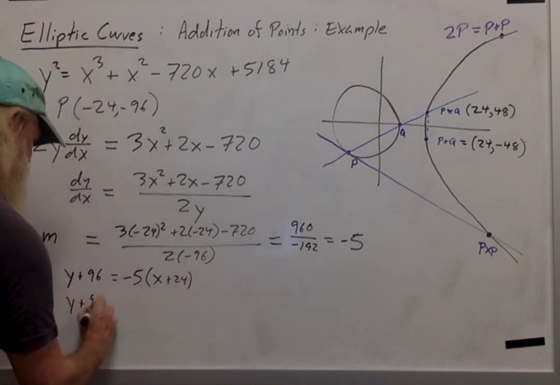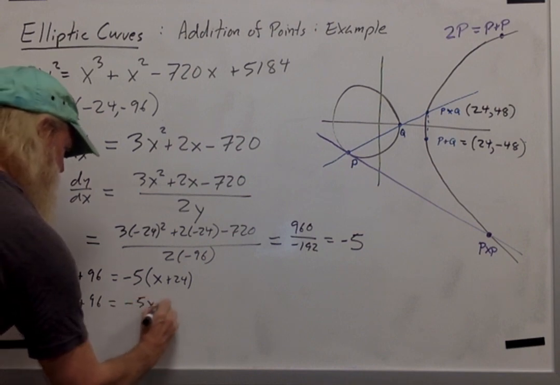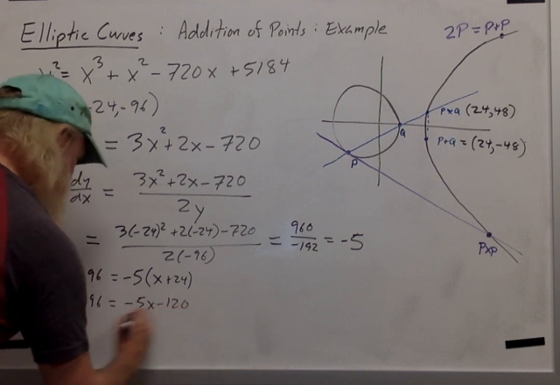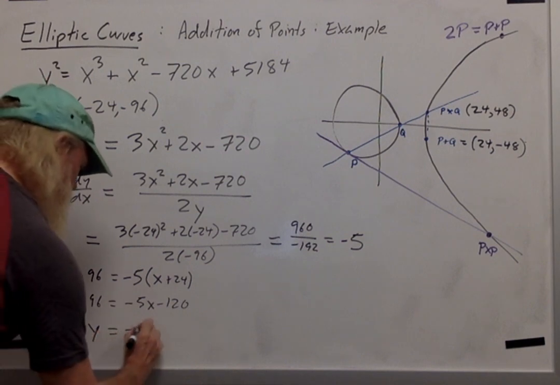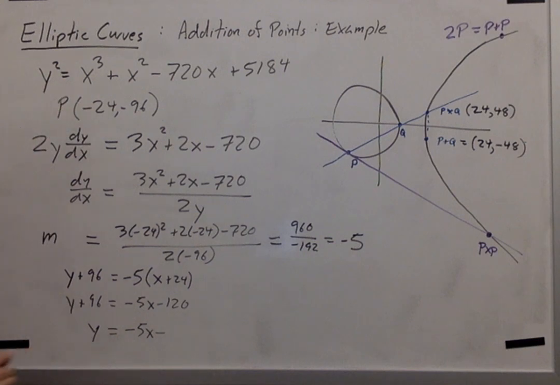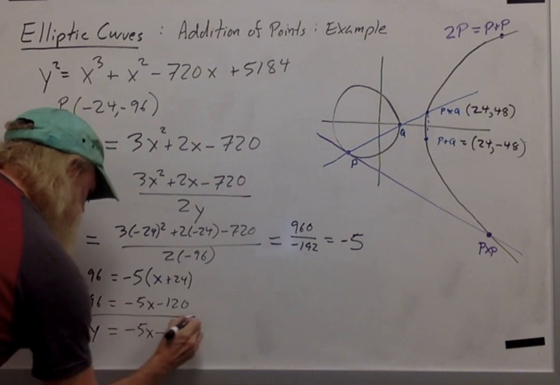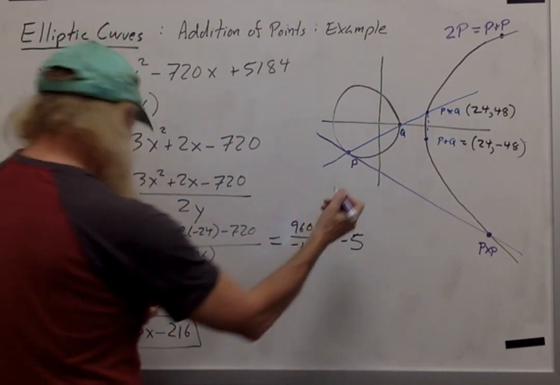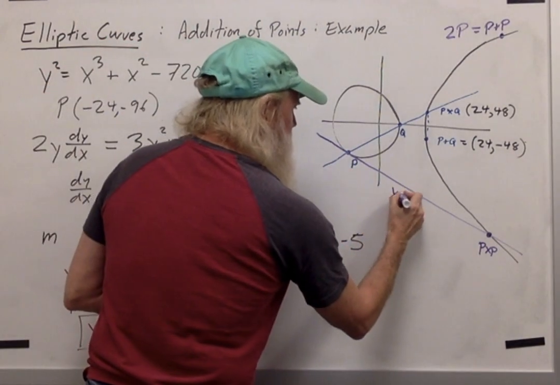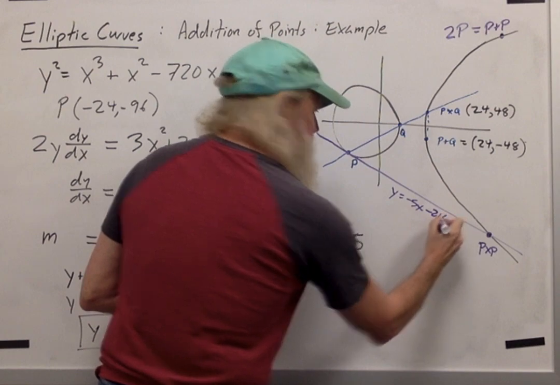So y plus 96 is equal to negative 5x minus 120. So the equation for the tangent line is y equals negative 5x minus 216. Let me go ahead and write that next to the line. Y equals negative 5x minus 216.